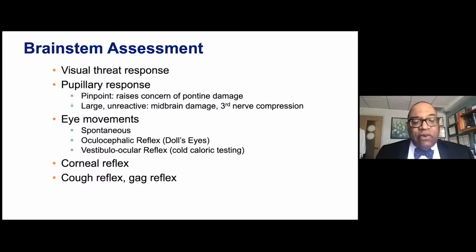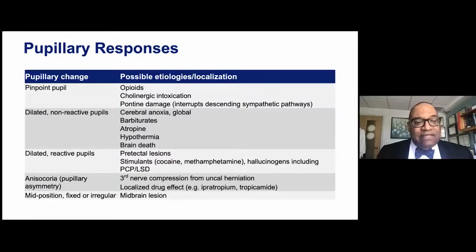Remember this is cranial nerve 5, which is the sensory aspect, the afferent part, and cranial nerve 7, which closes the eye, which is the blink reflex, and that should be bilateral. And then we move further down the brainstem with the Yankauer suctioning catheter to see if there's a cough or a gag reflex. And that is the brainstem examination.